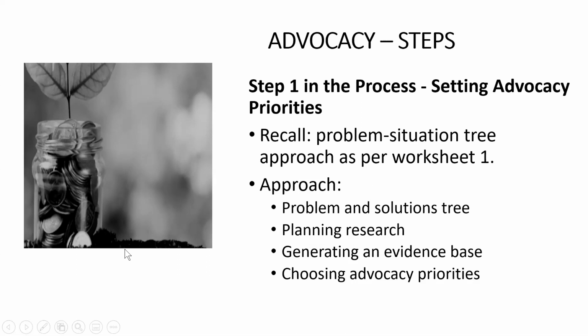Again, I'll remind you of the problem and solution tree approach that you would have taken in worksheet 1. So that approach was, you have to go through developing a problem and solution tree, planning your research, and what that really means is a lot of what you do when you're developing your strategy has to be evidence-based.